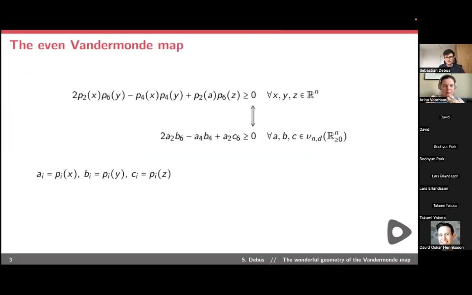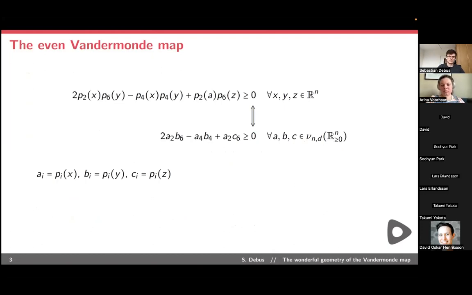But now again, why do we have to understand the geometry of the Vandermonde map? So we have again the same trace polynomial as on the previous slide here on the first line. And now we just replace the power sums, which we evaluated at x, y, z, by some vectors a, b, and c. And now those vectors a, b, c, they are contained in the image of this Vandermonde map.